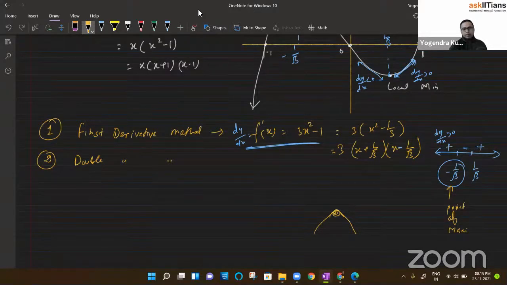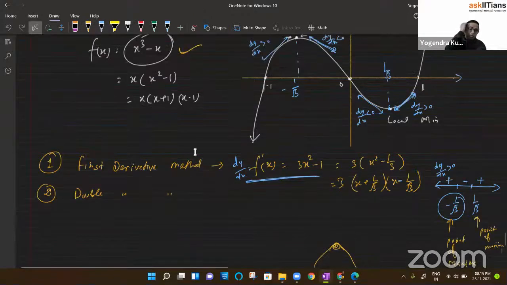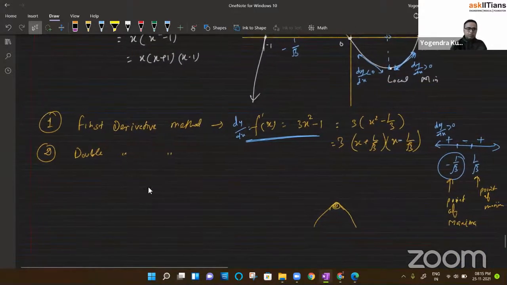Then this is the point of minima. Is everyone understanding this? Very simple, or not? By the first derivative method we can do it this way. Clear? Very easy, right? We'll see the questions, that's why I'm covering the theory part first.